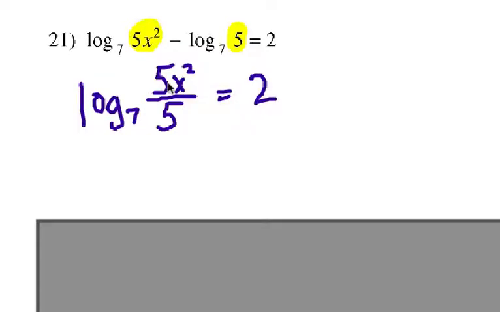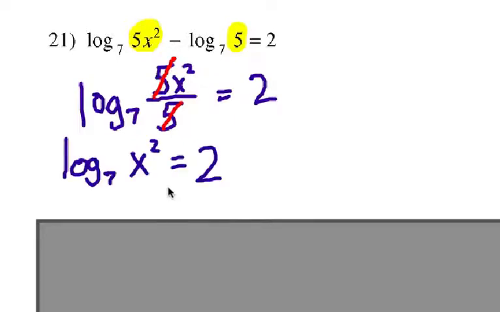Look at this expression and see if I can simplify it to make our job easier. And yes, of course, we can cancel out a factor of 5 there. So this is what we have now. Log base 7 of x squared equals 2. So how do we solve this from here? Well, it goes back to being able to write this logarithmic expression into exponential.